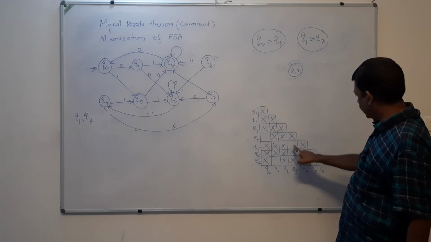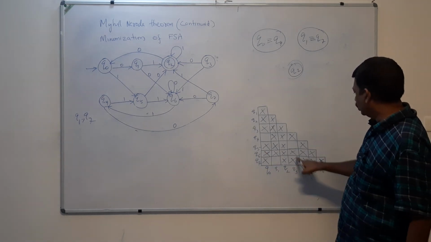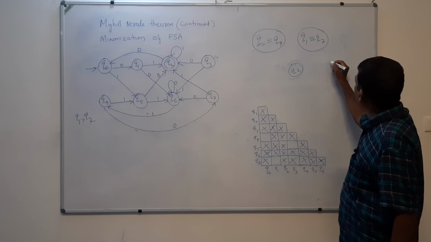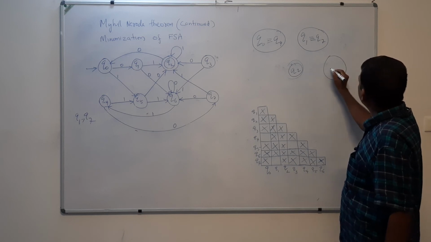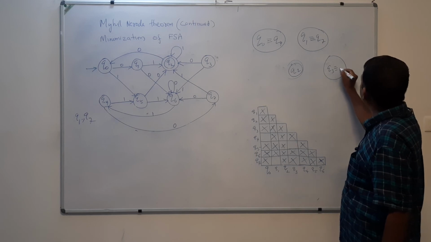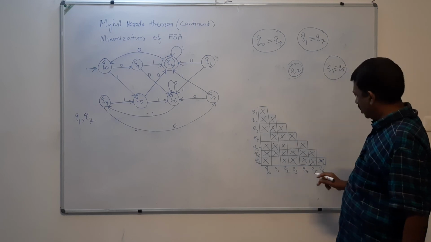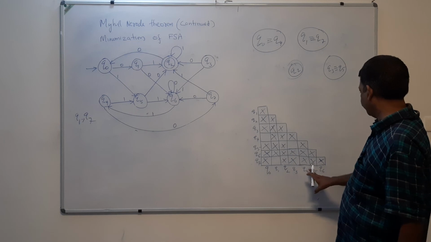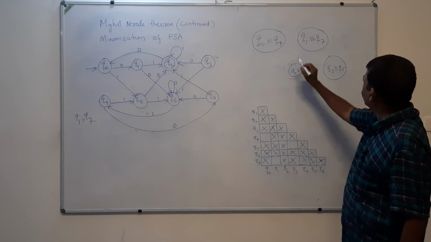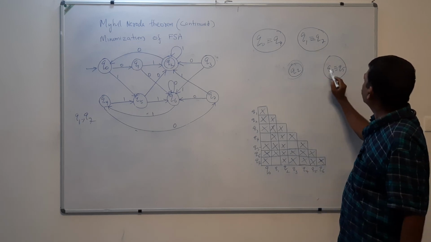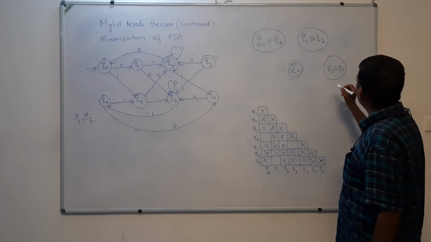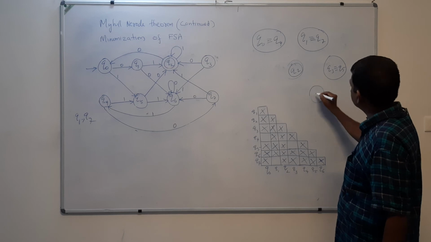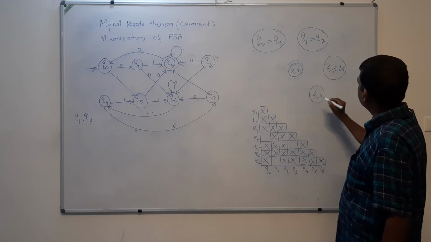And now we have Q3 and Q5 which are equivalent. So we have Q1, Q2, Q3, Q4, Q5, Q6. Now you have another state Q6 here.